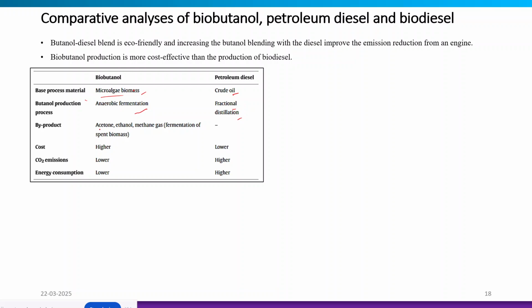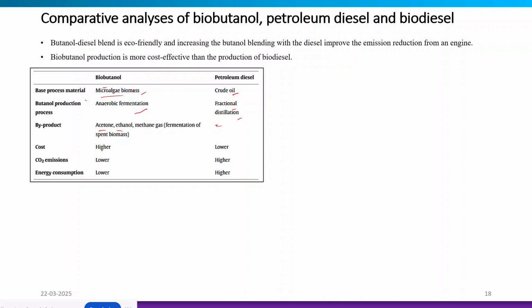In biobutanol production, we get other useful products like acetone, ethanol, and methane gas from fermentation of the spent biomass. We get the distillated product, with less of a fermentation process.